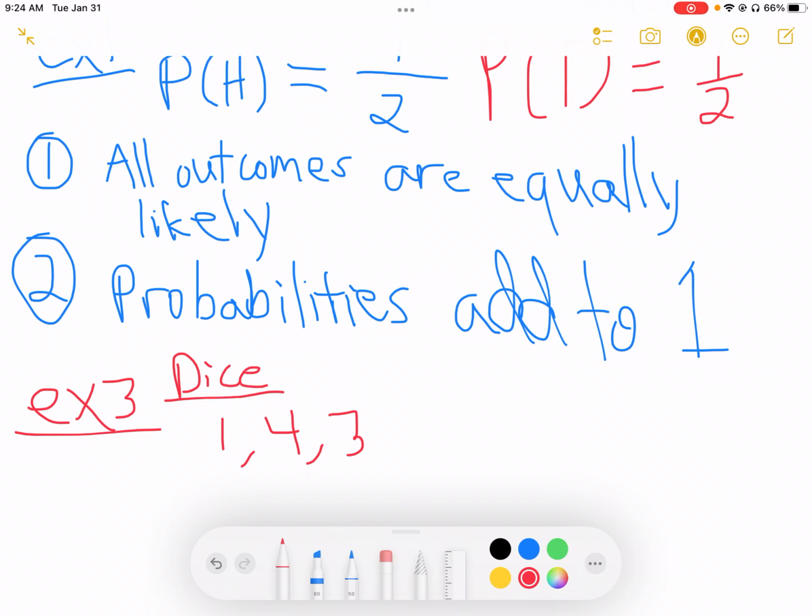The dice rolled a 1, 4, and a 3, in that order.